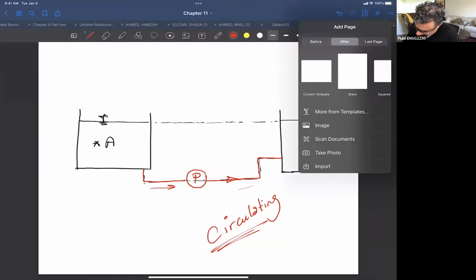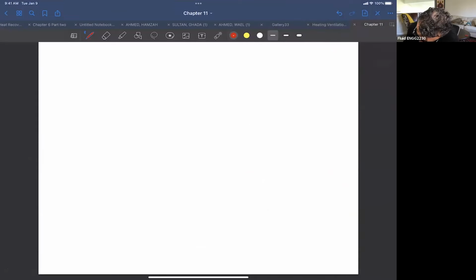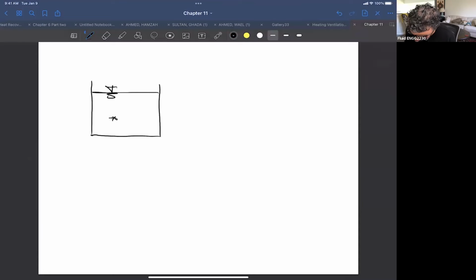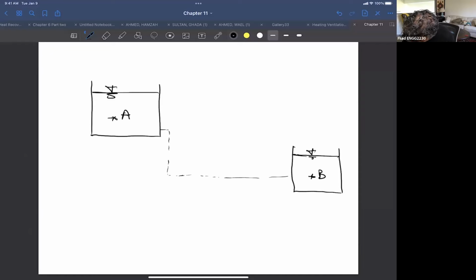Okay, let me do one more thing here. I have a tank A and a tank B. Let me ask you first, which way will the fluid go, A to B or B to A?